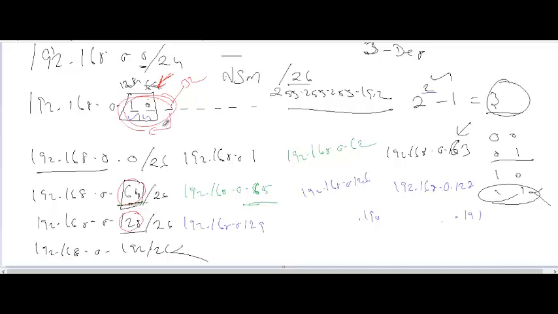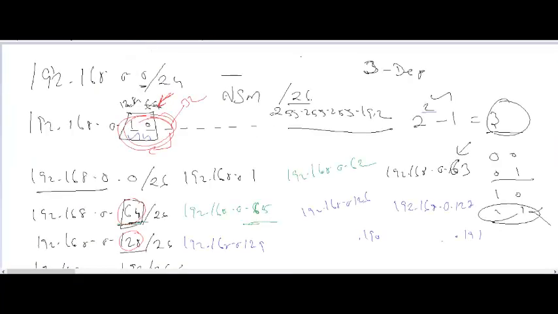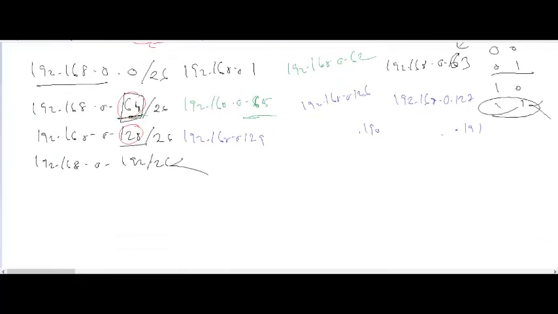but by using the shortcut. You see, earlier we said 10 network, 7 departments, so 7 subnets. For 7 subnets, we know that we need to borrow 3 bits. 2 to the power of 3 minus 1 is 7. 1, 2, 3.